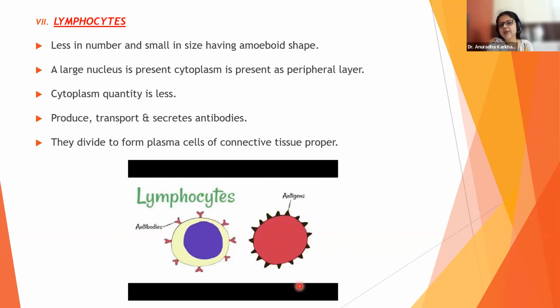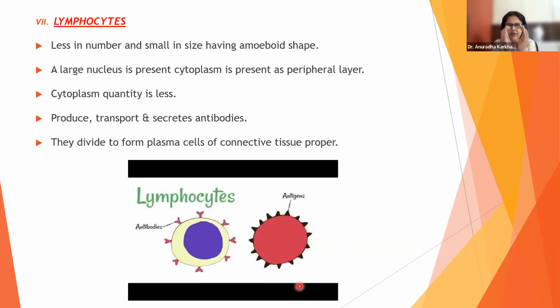So just like your plasma cells, basically, lymphocytes and plasma cells, I would say they are almost the same. They divide to form plasma cells of the connective tissue proper. So that's why I said almost the same. So see, beta, aggregation of monocytes is macrophage and division of lymphocytes is plasma cells.